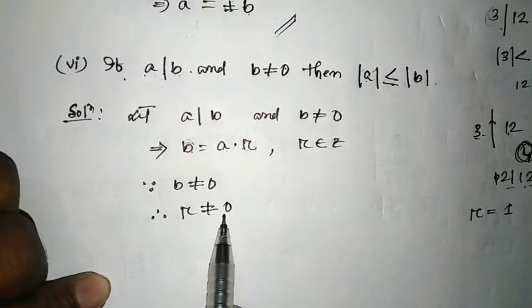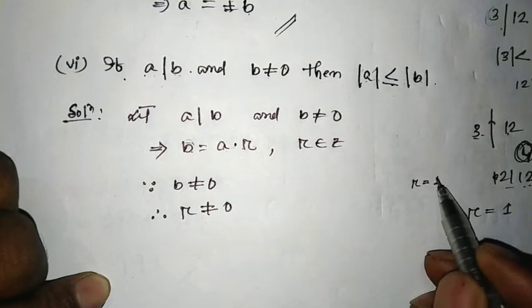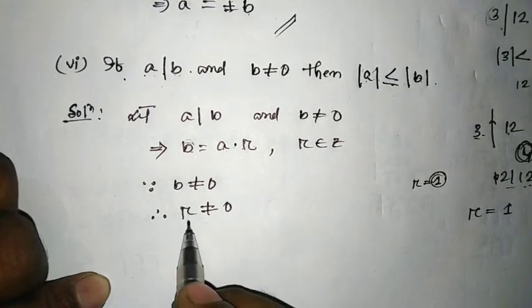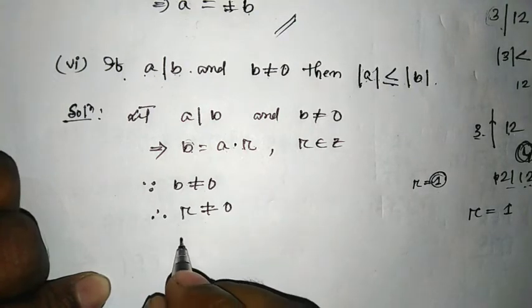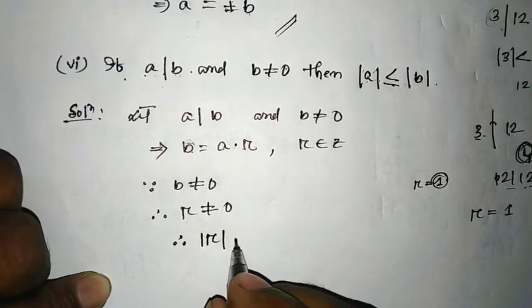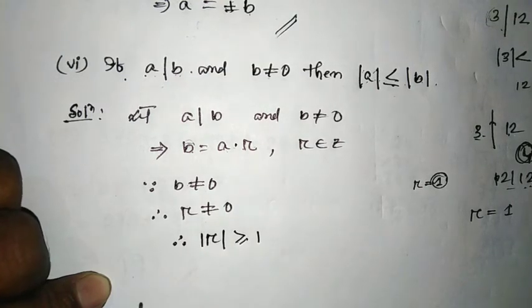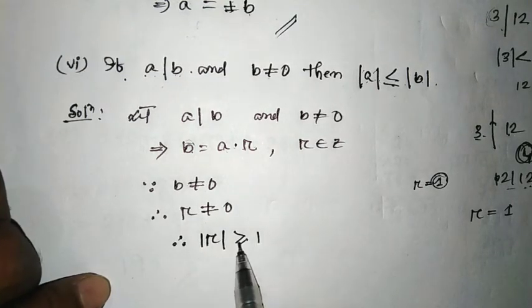Therefore the value of R is either 1 or greater than 1. Since R is not equal to 0, R may take the value 1 or greater than 1.